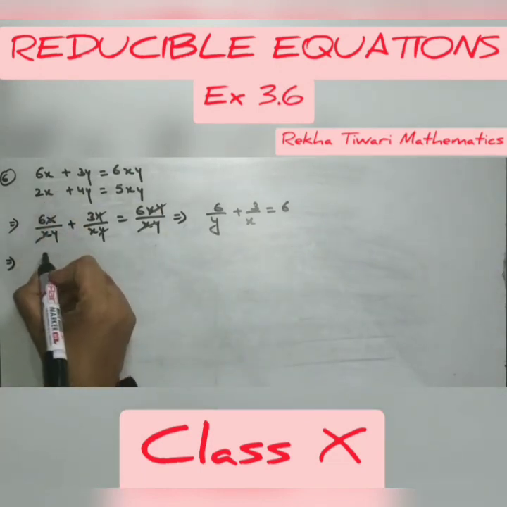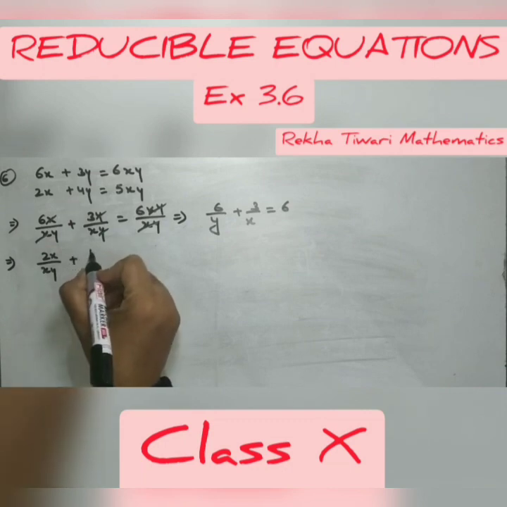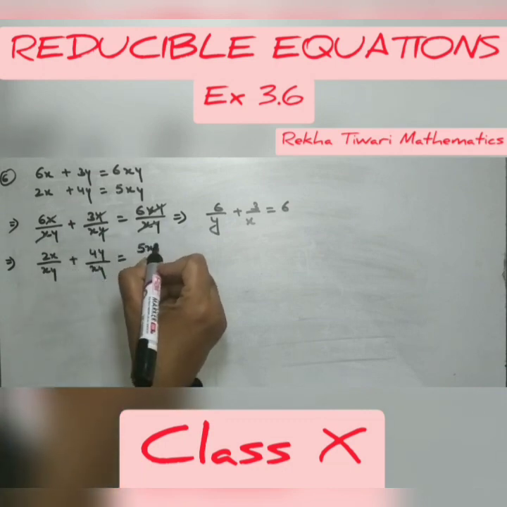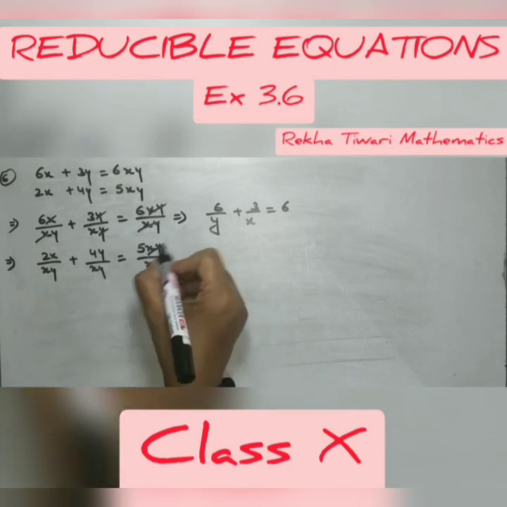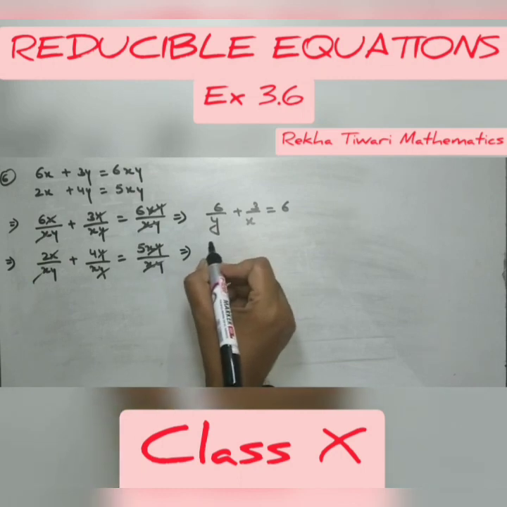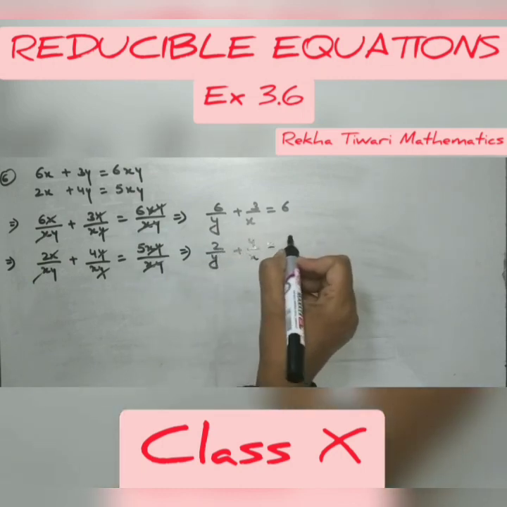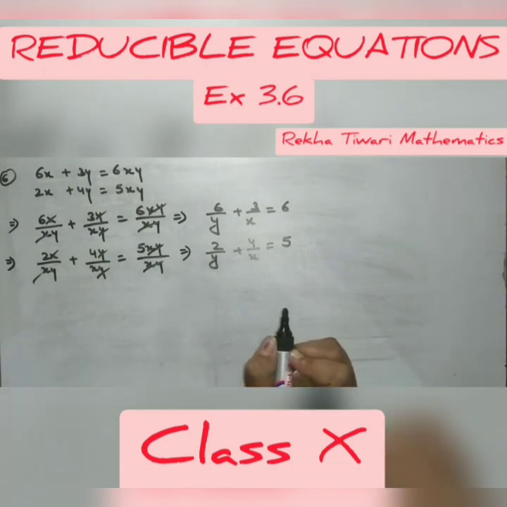Similarly, if you change this, it becomes 2x upon xy plus 4y upon xy equal to 5xy upon xy. Xy cancels xy, y cancels y, x cancels x. So the equation changes to 2 upon y plus 4 upon x is equal to 5.